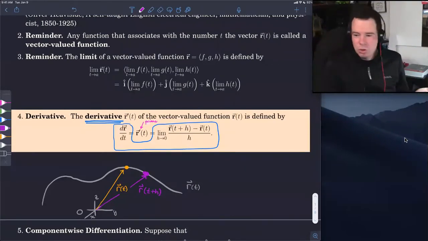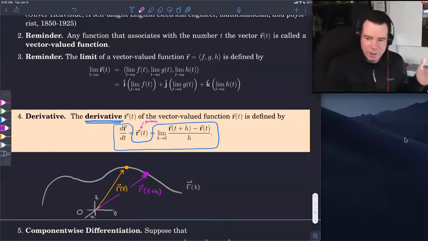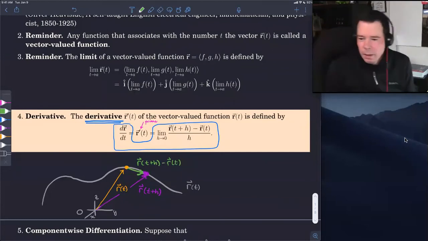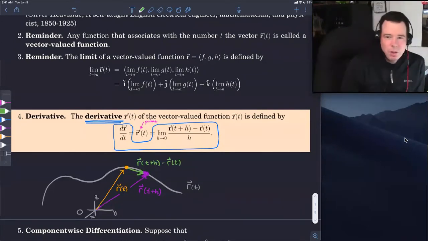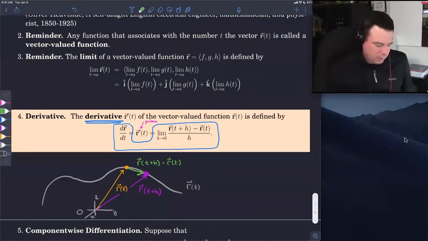And so to capture which direction we were traveling in order to go from r of t to r of t plus h: I'm at the orange point, what direction do I have to go in to get to the purple point? Well, the direction is just going to be the vector that connects the two. And that's the tip, r of t plus h, minus the tail, r of t. And I'm really interested in direction, not so much length. Length isn't the thing that I'm trying to capture here. I just want to know what direction I had to go in to go from the orange point to the purple point.